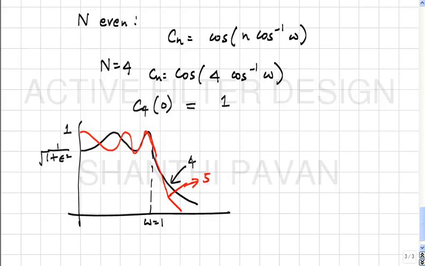By looking at the ripples, therefore, you should be able to figure out the order. The next thing that we need to do is find the frequencies at which these maxima and minima of transmission occur.